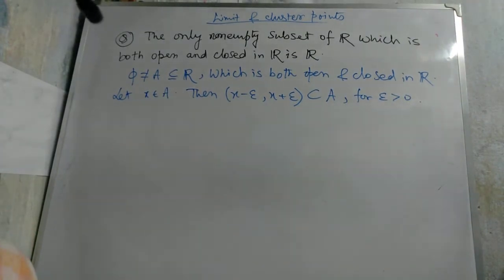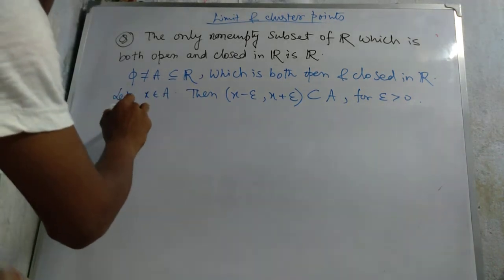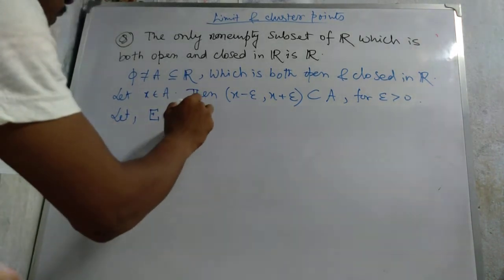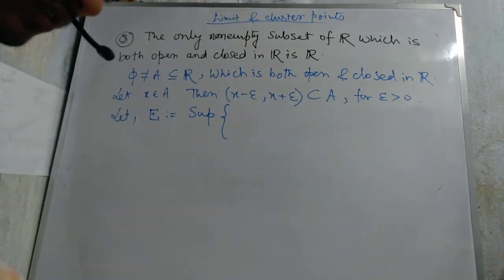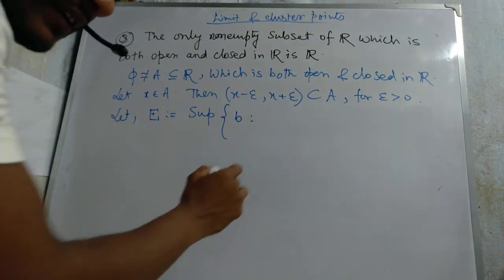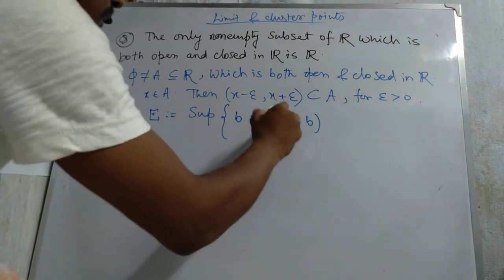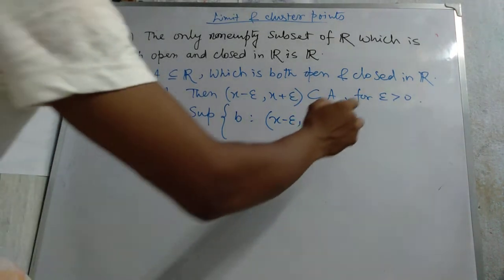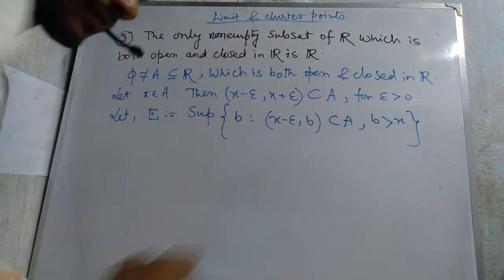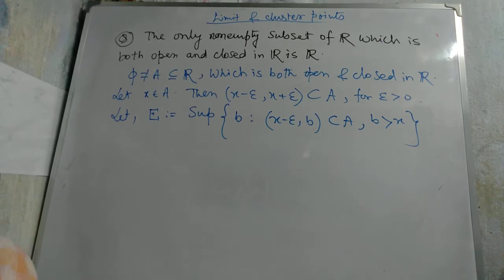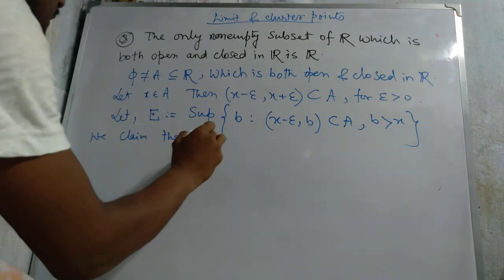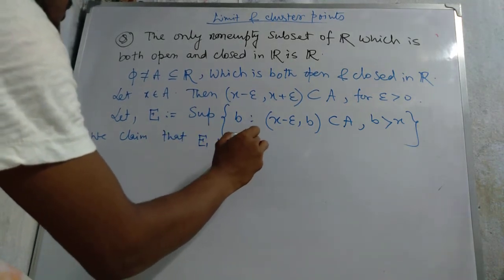Okay, then let E equal to the set of b such that (x, b) is a subset of A, for b greater than x. Then we claim that E is not bounded.